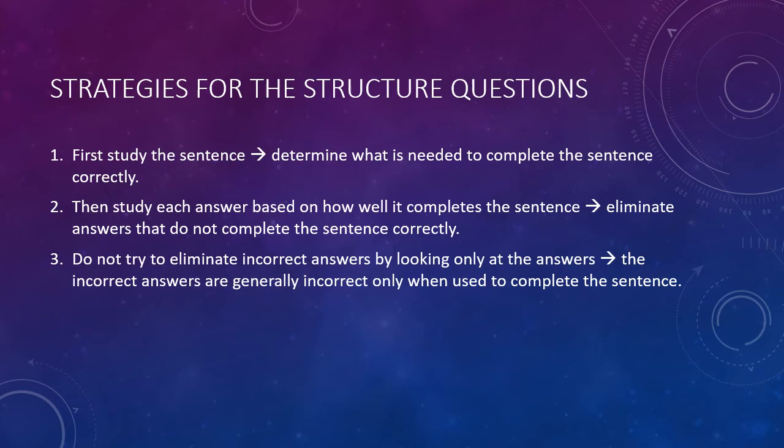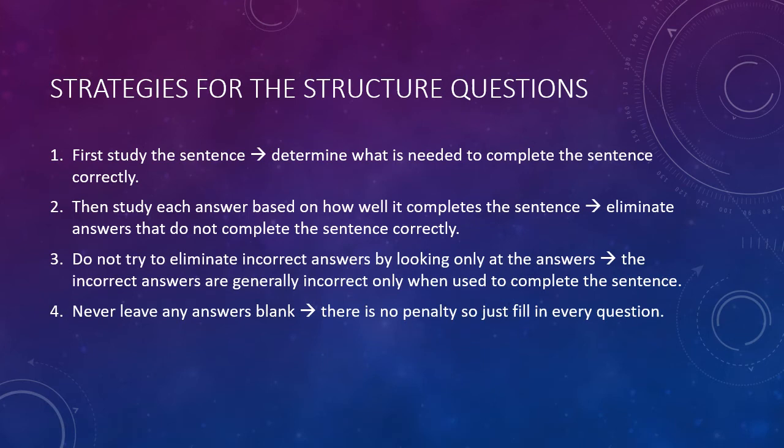You need to take a look at the sentence. The incorrect answers are generally incorrect only when used to complete the sentence. So you need to really pay attention to the sentence and find out what's missing, and then find the best answer to fill in the blank.